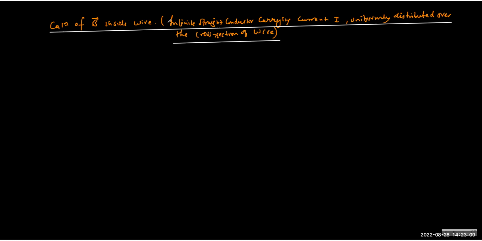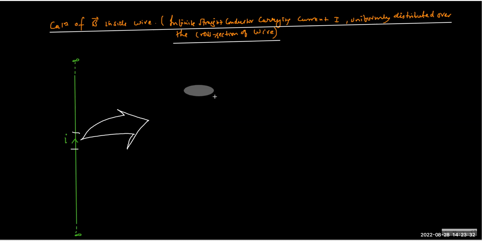So if we draw the wire, a wire may appear very thin, but however thin it may appear, it will have some cross-sectional area, right? If you take a small piece of it and zoom in, what you see is a cylinder.